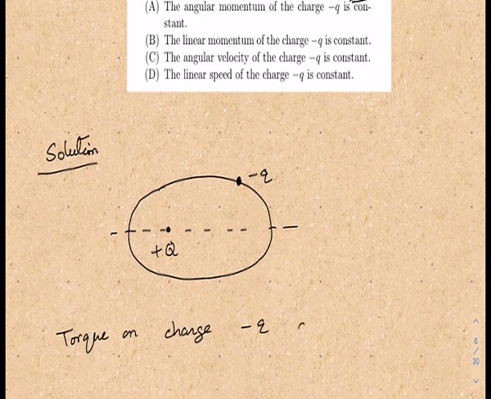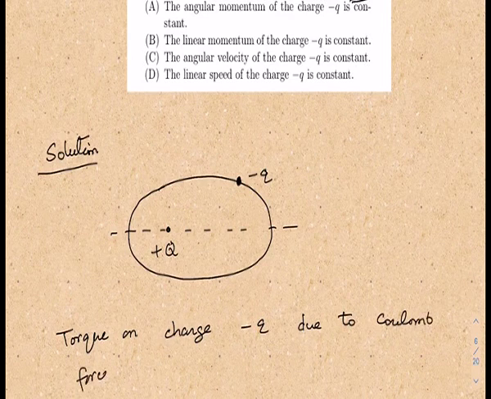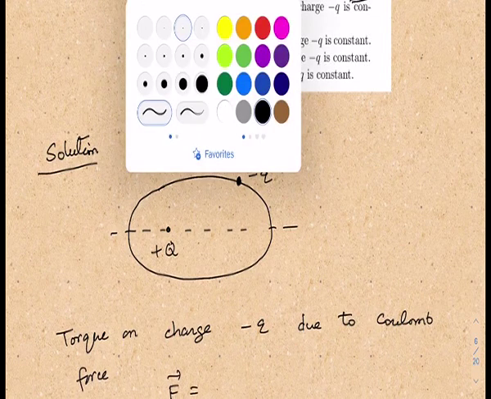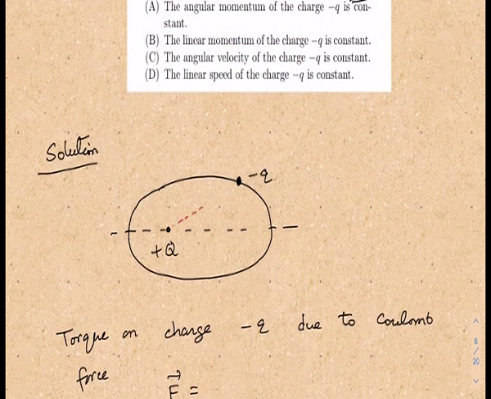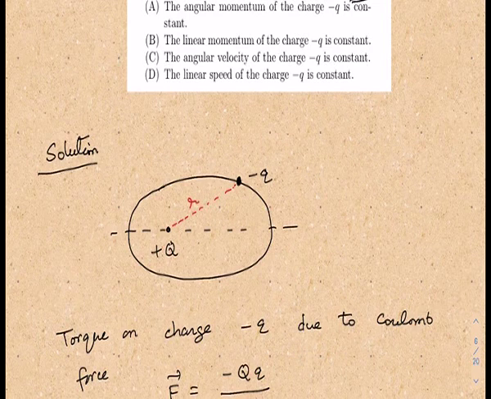Torque on charge minus q due to the Coulomb force, if the distance between the charges is say r, this is the radial distance r, then the force would be capital Q times minus q over 4 pi epsilon 0 r square, along r cap direction.